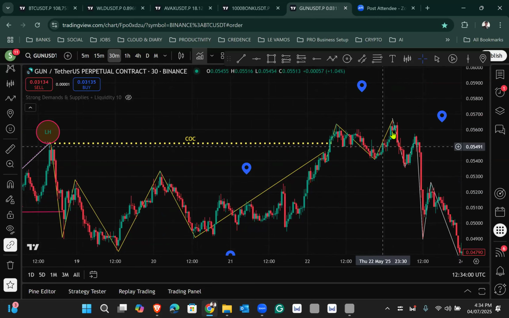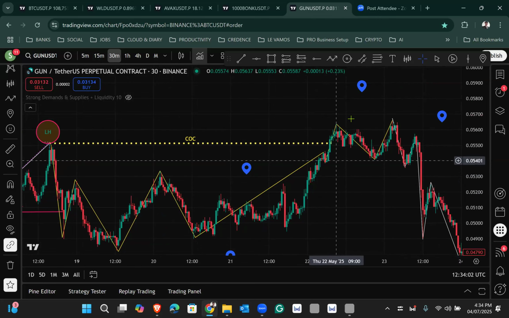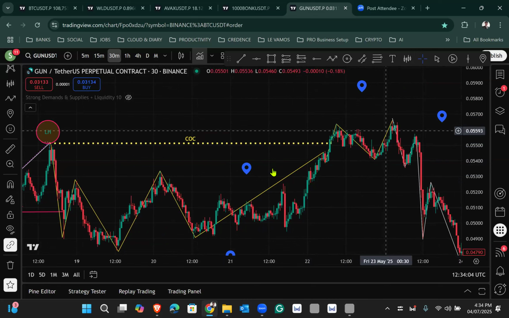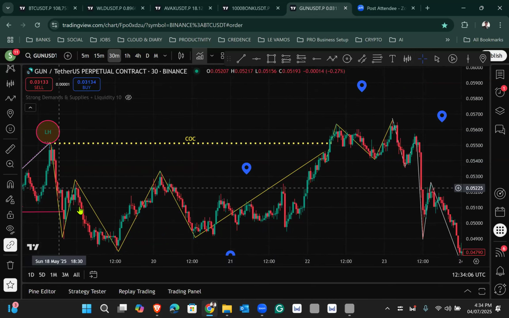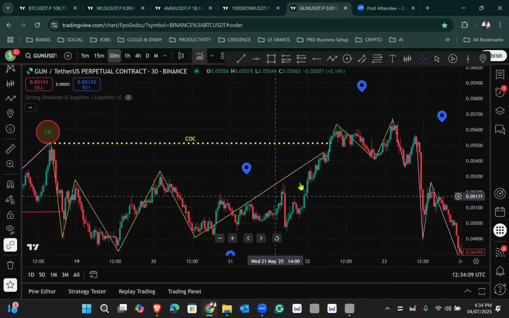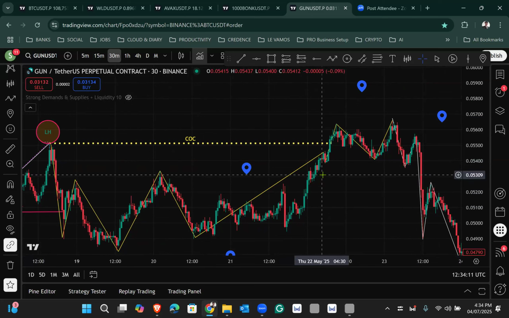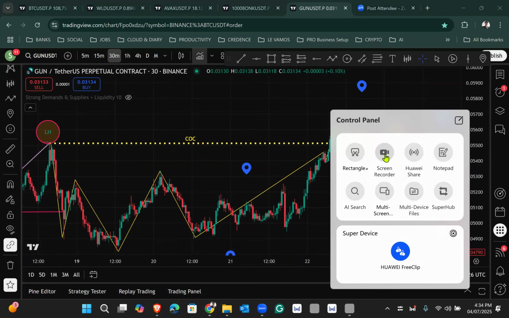There is no inducement here. That's why we consider this a part of that change of character. Change of character is nothing but a correction only, but it should happen in the correct place. It's one single move. You can see there's no inducement taken out on that move.